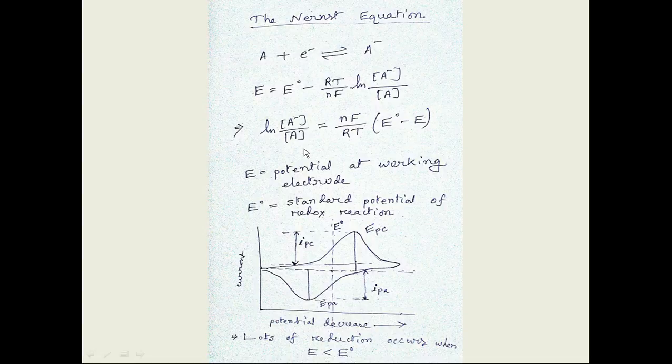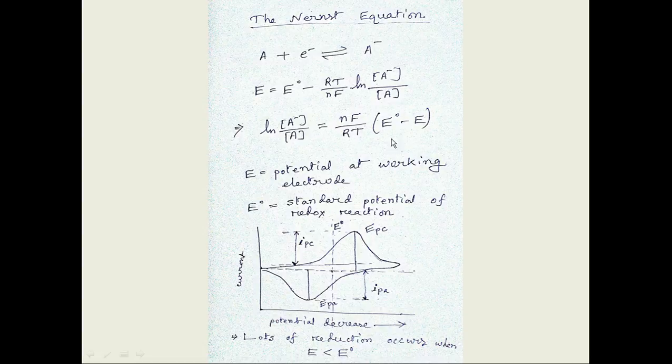Rearranging, taking this left-hand side, E0 minus E equals RT by nF ln of A minus by A; then nF goes up and RT comes down on this side.